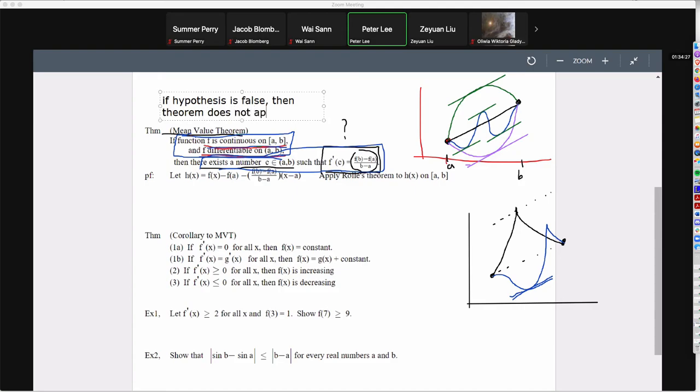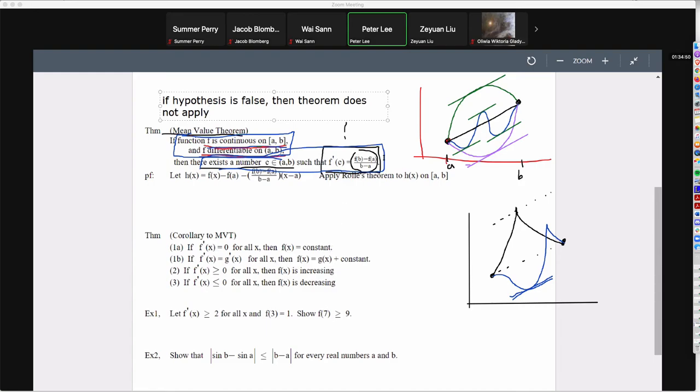It does not mean that the conclusion is false. That means the theorem does not apply, so the conclusion may be true or false. It is basically going to be inconclusive. But if the assumption is true, then the conclusion will be true. Okay?